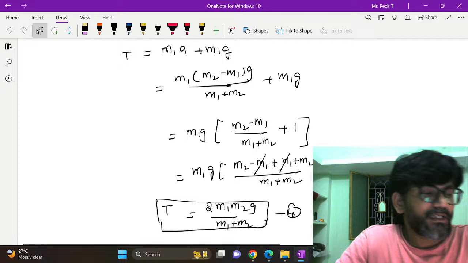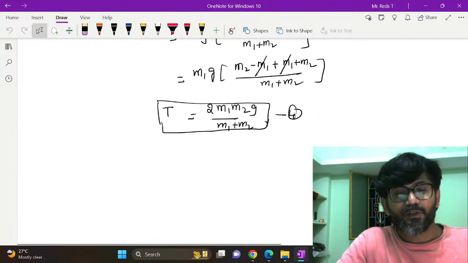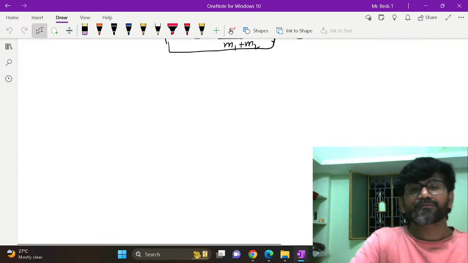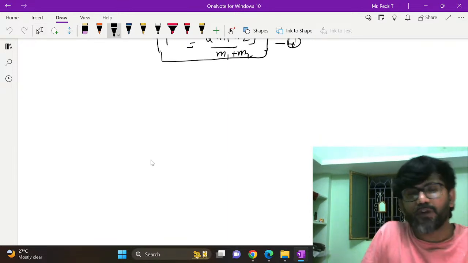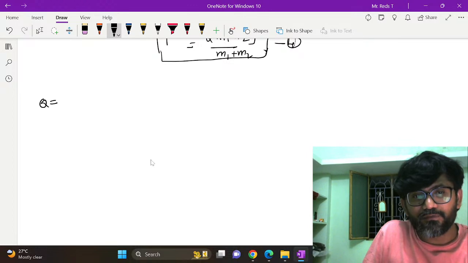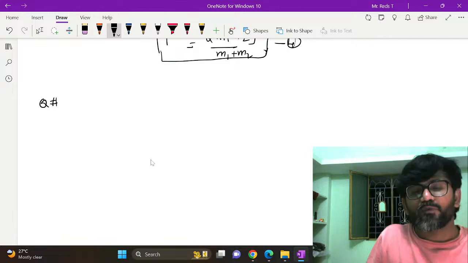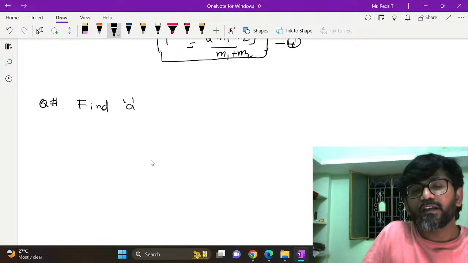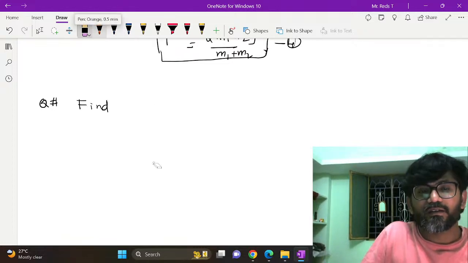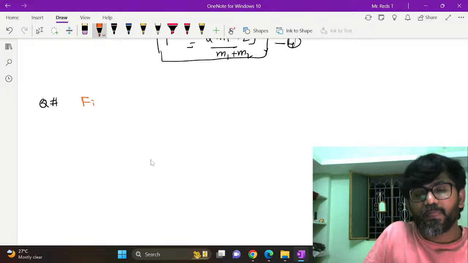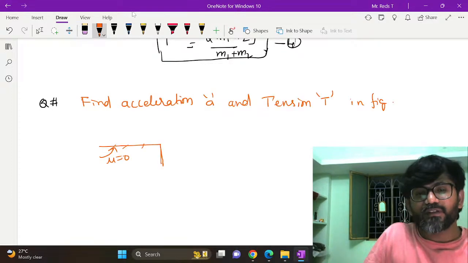Let us start with another system, another connected body problem. Now you can take it in question form. Write it down as a question: find acceleration A. This is a table, you can see.